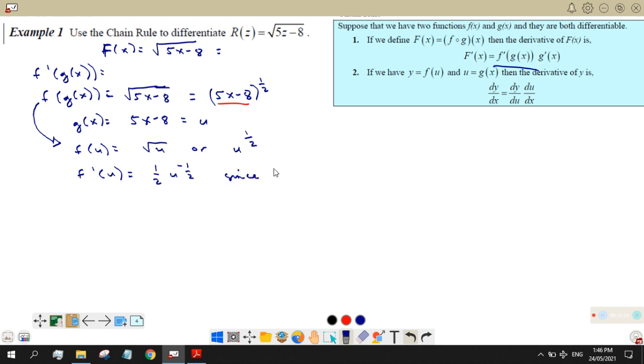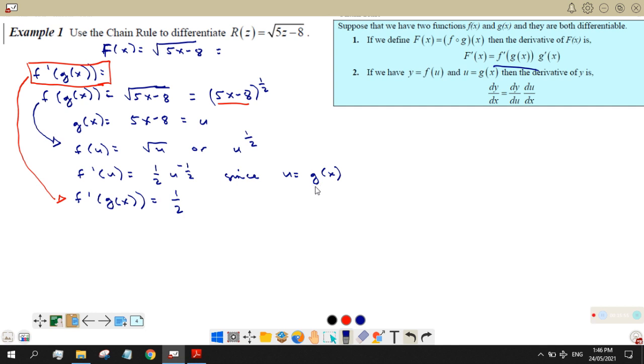And since u is equal to g of x, pag isusulat mo ulit, magkakaroon ka ng f prime of g of x, or ito yung nawawala sa atin kanina. Ito ay magiging equal sa 1/2.